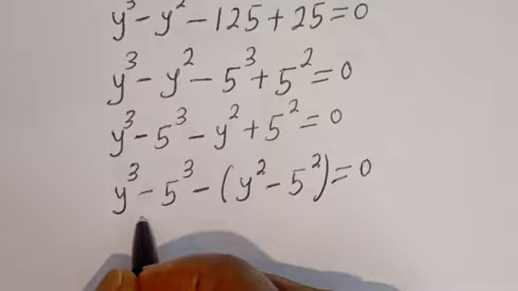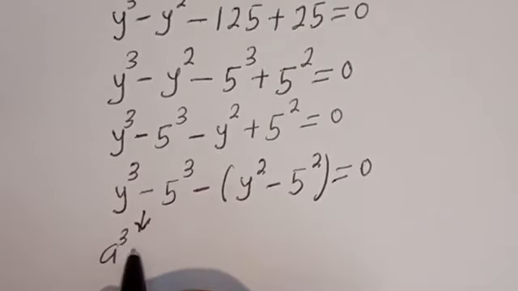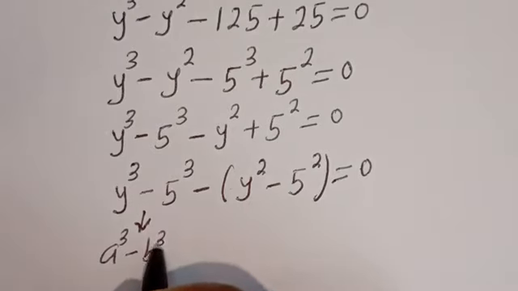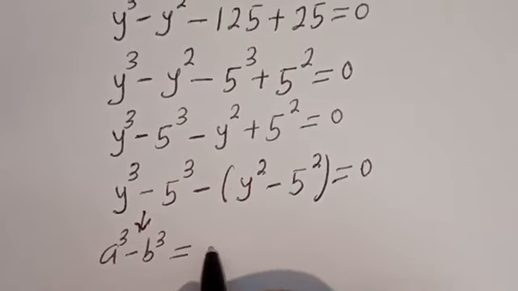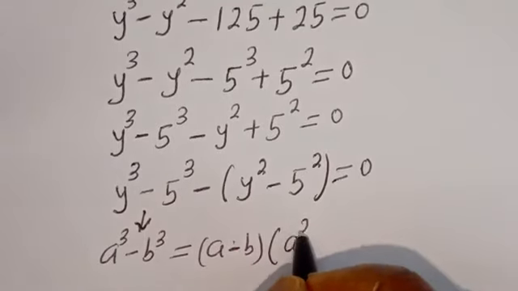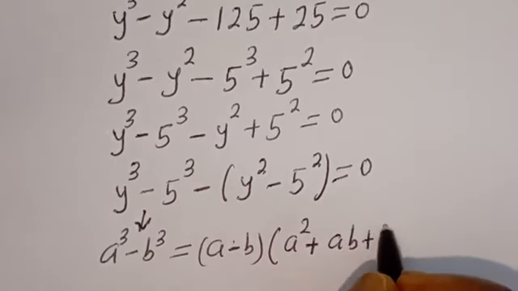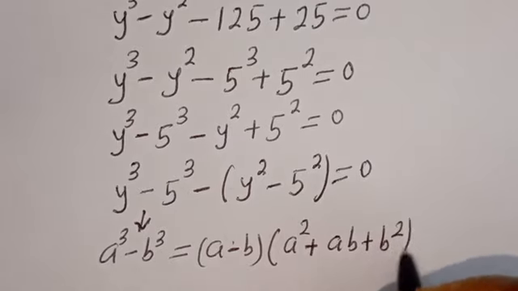So take note of this, that from here, if you have a to the power of 3 minus b to the power of 3, this is equal to a minus b bracket a square plus ab plus b square.